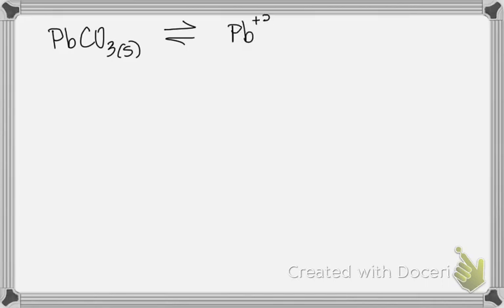Here's what changes. And again, I'll do an ice table to show you where it's coming from, and then when I plug it into the KSP, hopefully you'll see it's very simple.